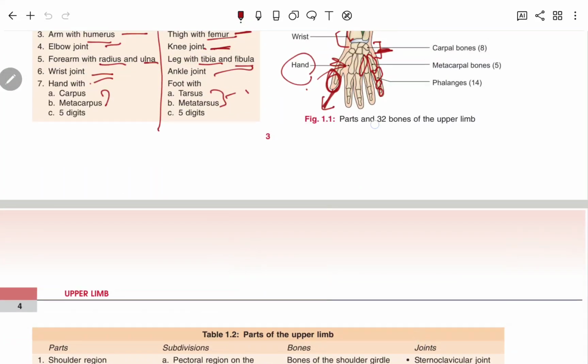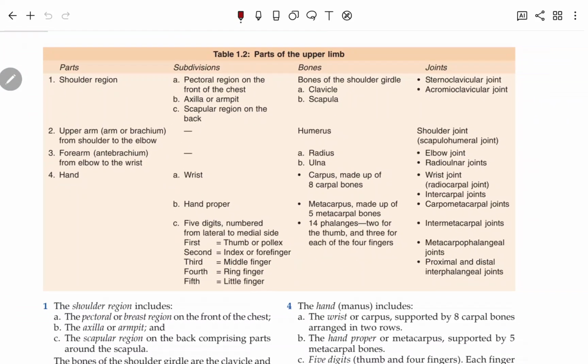So there are a total of 32 bones in each upper limb. The table of parts of the upper limb you need to go through once, but once we complete the whole anatomical part, it will be on the tip of your tongue.